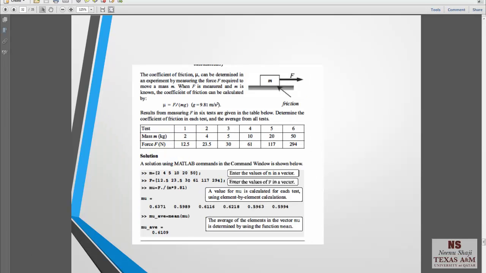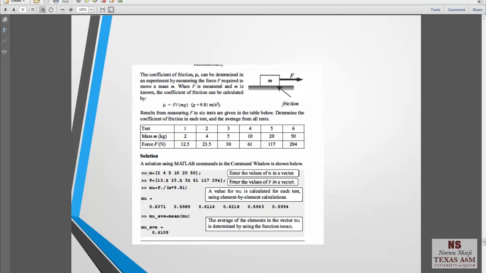This is an example where you're calculating the coefficient of friction mu. A table is generated for the experimental values. 6 tests are conducted. You have the mass in kilograms and the force.